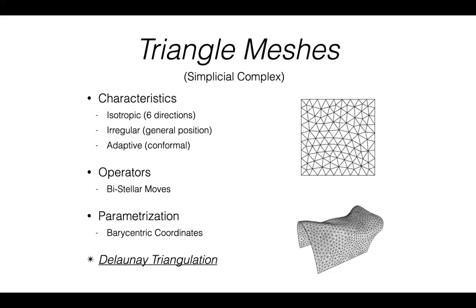And so the triangle meshes are very important because in mathematics they are a simplicial complex. And this name simplicial is like the simplest combinatorial structure that you can do with mathematics and implement all the operations. And so the characteristic of this is that a triangle mesh typically is isotropic.